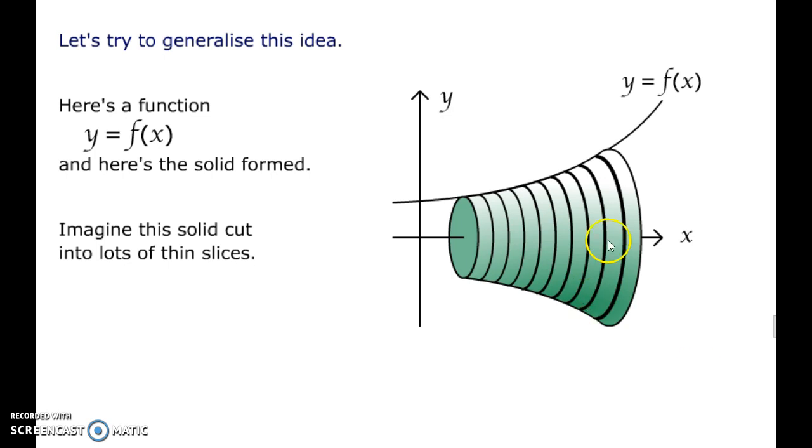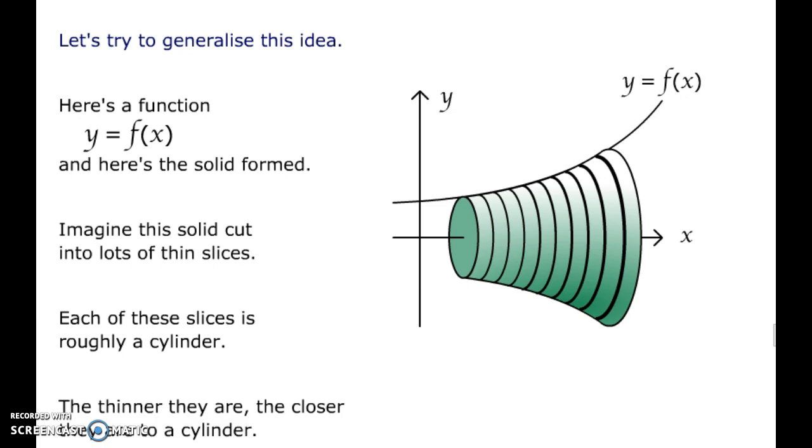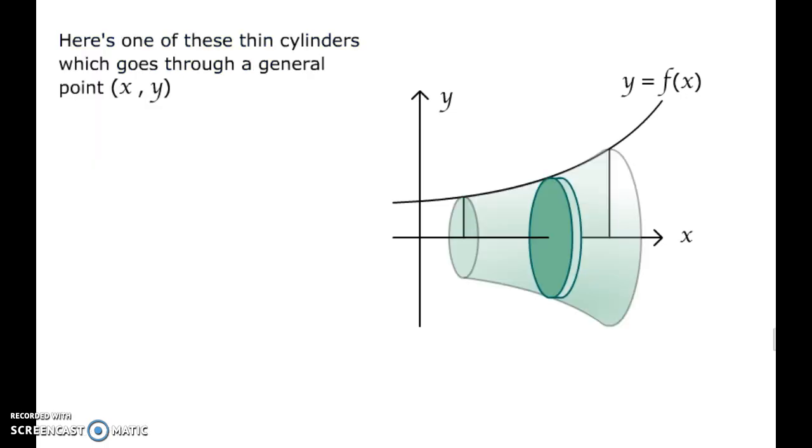Each slice is representing something. It's like a coin, so coins are stacked to form a solid, and the shape of a coin is actually a cylinder, and the volume of a cylinder is area of the base times height.